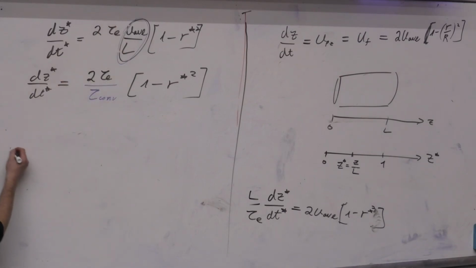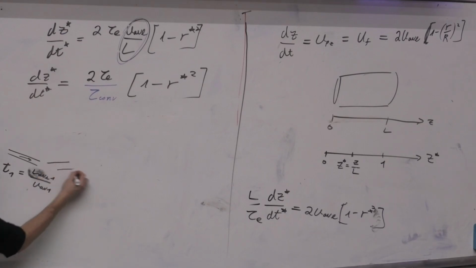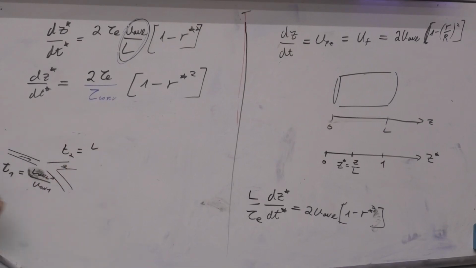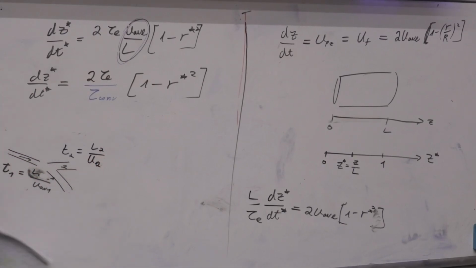In the first generation, I spend time L average 1 divided by U average 1. Then I can see how much charge approximately succeeded to decay when I enter generation 2. In generation 2, we have T2 equal to the length of airway 2 divided by the average velocity of 2.